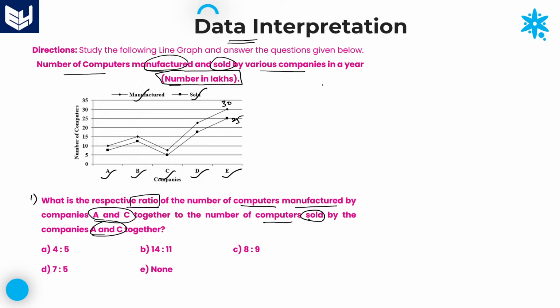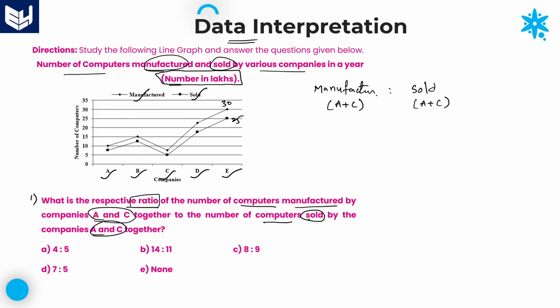It is very clear that we need to calculate the ratio of the number of computers manufactured by companies A and C together to the number of computers sold out by companies A and C together.